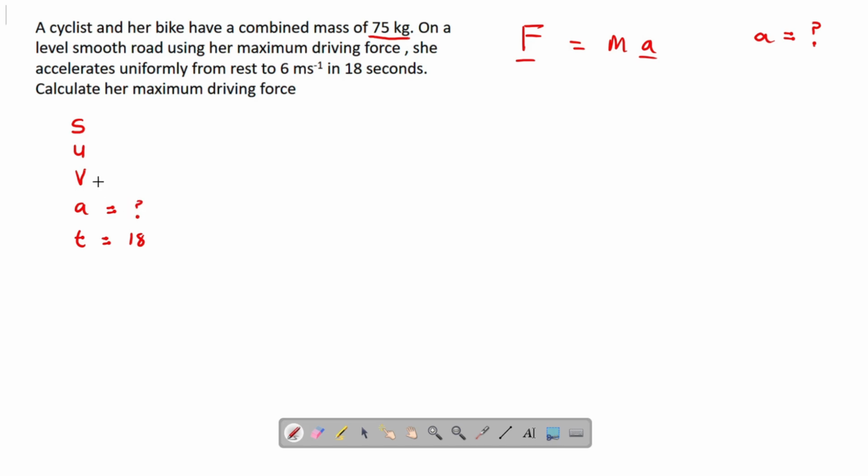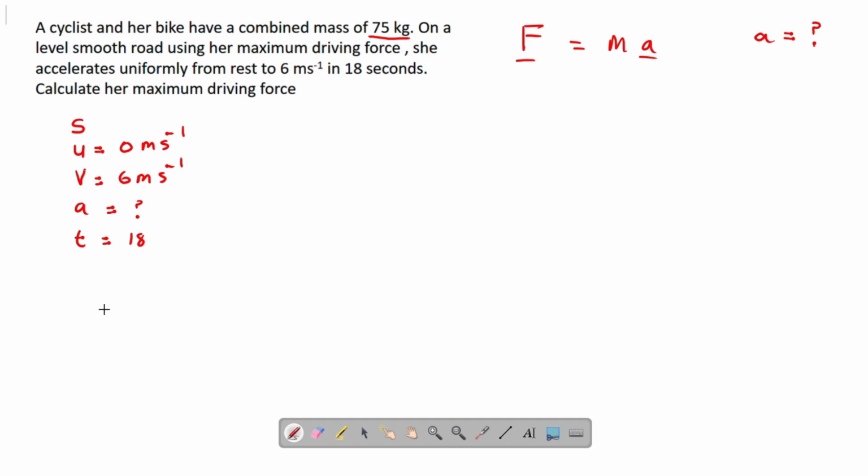We have the final velocity, which is 6 meters per second. And the initial velocity would be 0 meters per second. No distance was given, so this is not relevant.